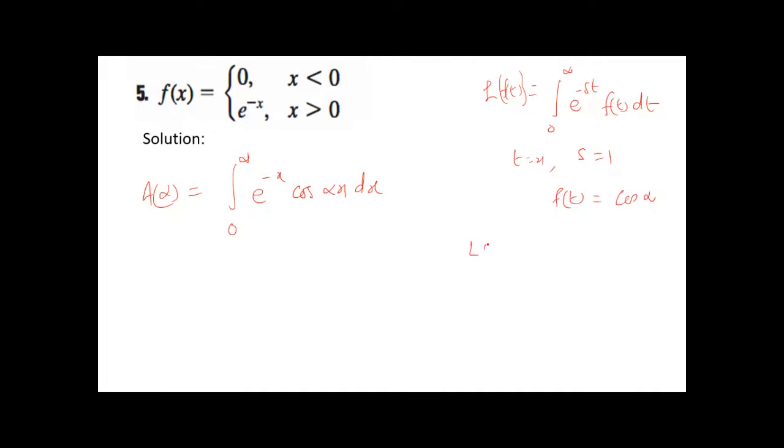It will be the Laplace of cosine alpha, isn't it? Which is equal to the integral from 0 to infinity, s is 1, so e raised to minus x, and f of t is cosine alpha x dx. Now, does it look similar, these two?